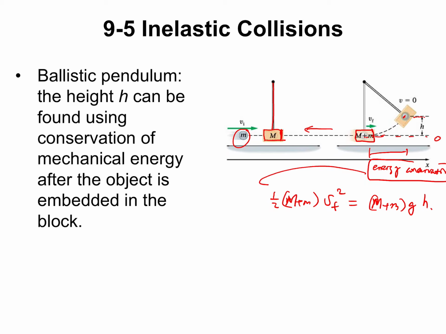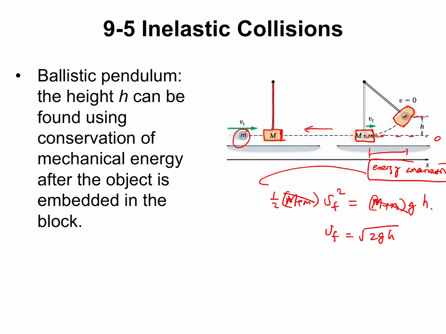Here the velocity equals 0; when you swing to here, you stop. So from this equation, Vf equals the square root of 2gh. The mass cancels.